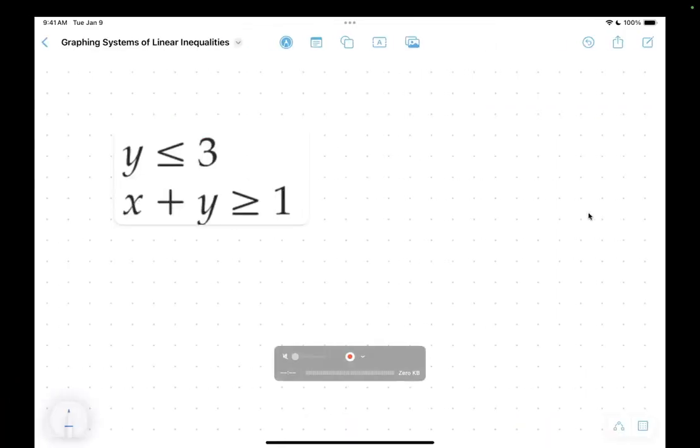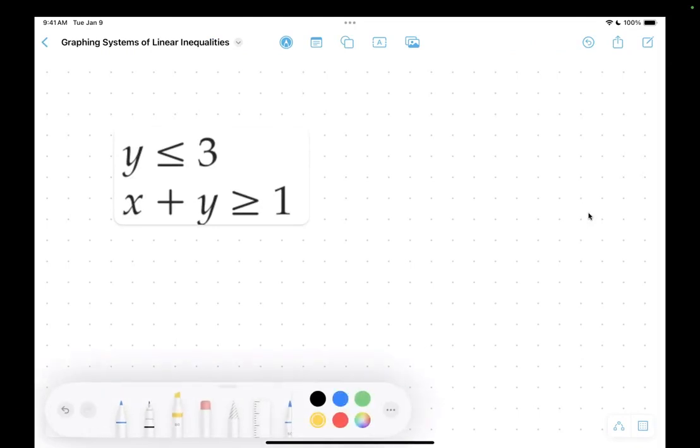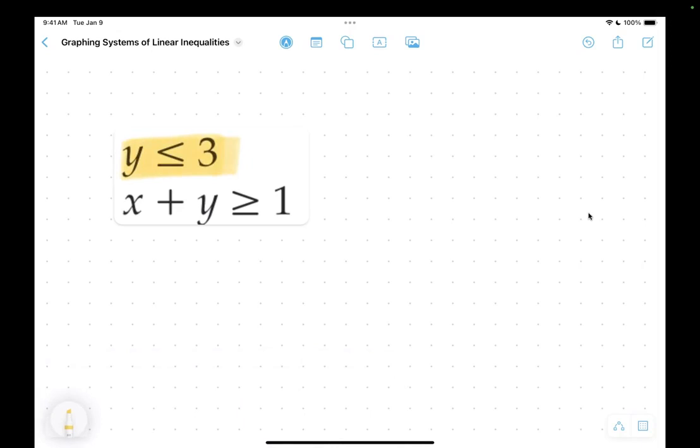Okay, let's take a look at a different one. Let's look at this. y is less than or equal to 3, and x plus y is greater than or equal to 1. So they do have to be in slope-intercept form, and this one already is. y is less than or equal to 3 already has the y isolated, so that is in slope-intercept form. The bottom one is not. We have to do a little bit of algebra on this bottom inequality to get it in slope-intercept form.